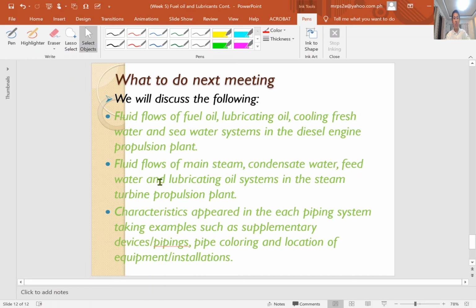We will discuss also the fluid flows of main steam, condensate water, feed water, and lubricating oil systems in the steam turbine propulsion plant. We will discuss also the characteristics appearing in its piping system, such as supplementary devices, pipings, pipe coloring, and location of equipment installation. So that will be our activity next meeting.